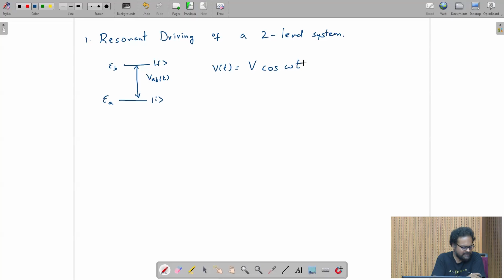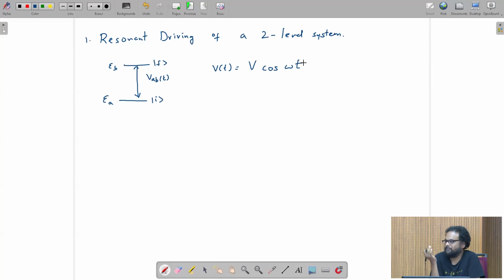Now, what are we asking? We are asking the question: by driving the system with such a potential, and assuming of course the system starts at the initial state I, what is the probability of finding the state in F after a given time t?